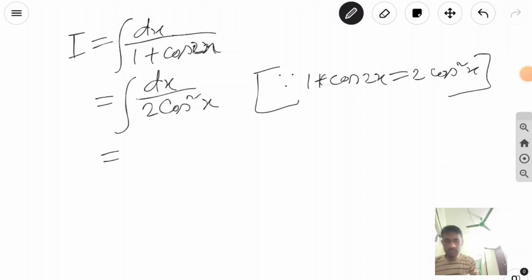Now integration dx divided by, I'm taking half in front of the integration sign, so dx divided by cos square x.